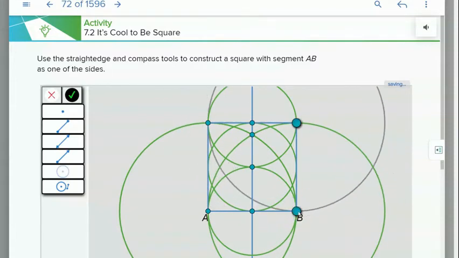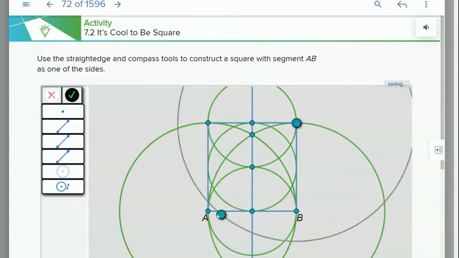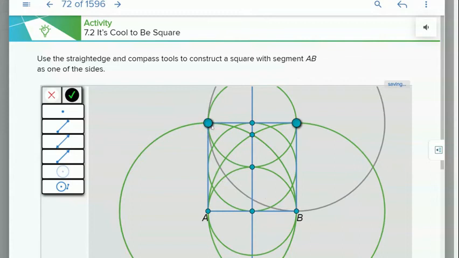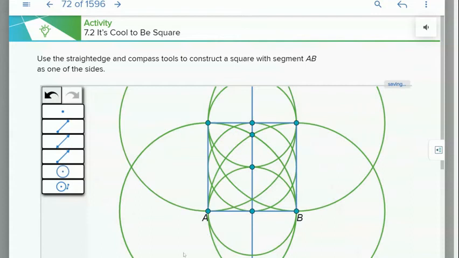So here's AB, and then even this one from B to this point up here, same radius. It's a great way to double check. You can even do the point up here if you really wanted to double check your square. See, all those circles are the same radius.